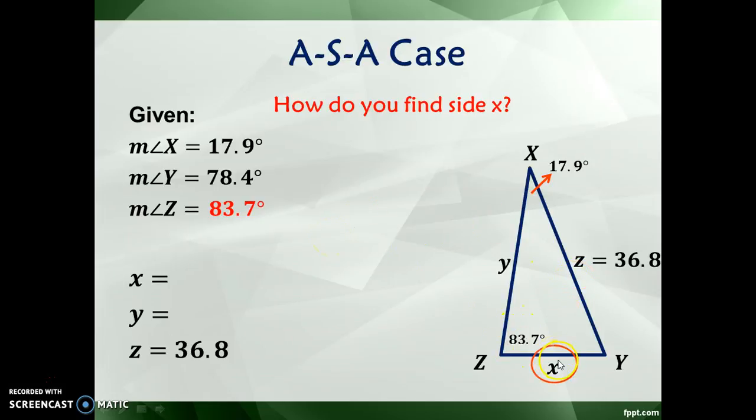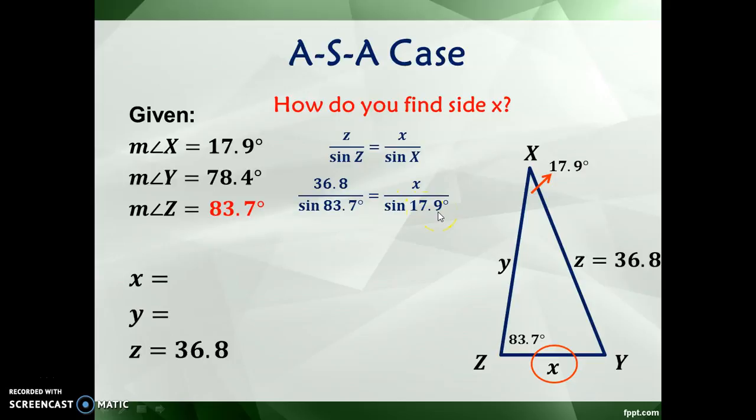So to get the value of x here, we apply the formula z over sine Z equals x over sine X. So we have z measures 36.8 and angle Z measures 83.7 degrees, x is the missing part, and angle X measures 17.9 degrees.